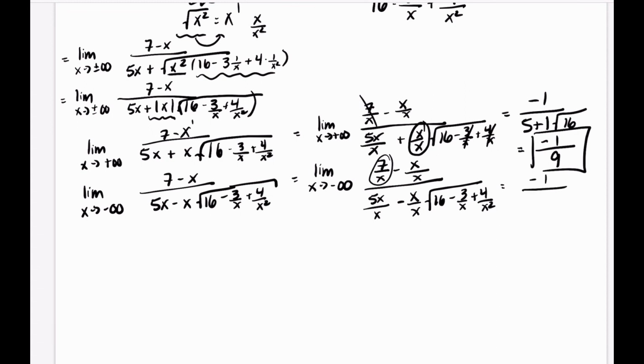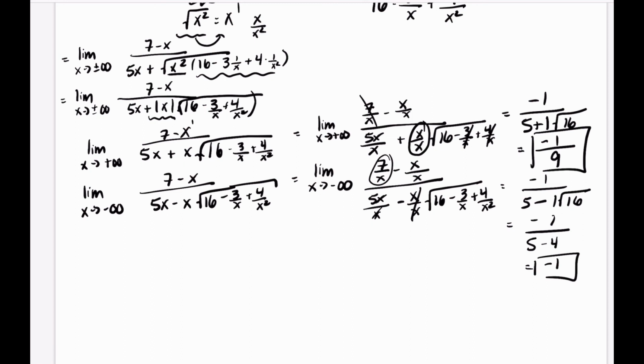Then I still have 5, because my x's will cancel here. Subtract 1, x's cancel, root 16. So my answer now is going to be negative 1 over 5 minus 4, which is negative 1.